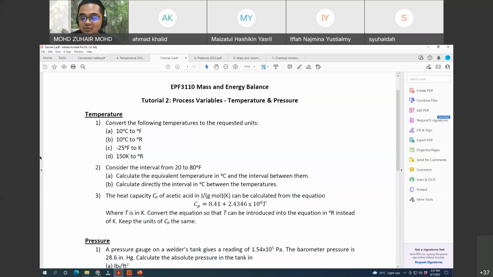For this one, we're just going to do the first step only because it's stated here, keep the unit of Cp the same. If I change it, the Cp unit needs to change, from joule per kg mole per degree C, let's say. But this one, we just keep the unit of Cp the same.